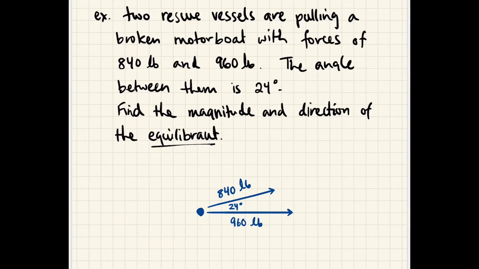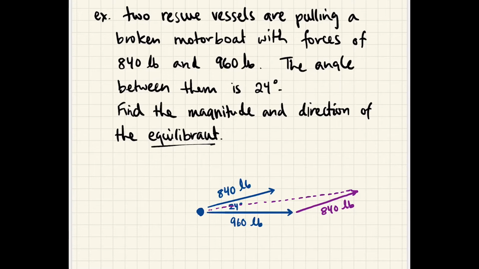So first we're going to find the resultant and then worry about the equilibrant after that. And of course we're going to take one of these arrows and just slide it over to the other arrow. So we'll take the 840 for instance, and we'll paste it right here. Okay, and that means that our resultant vector is going to be right through here.